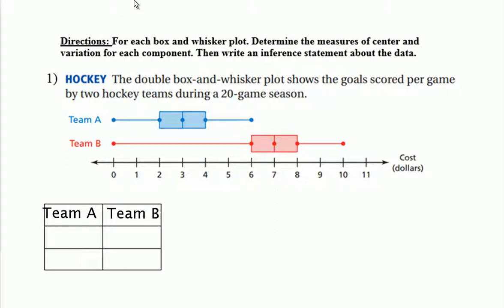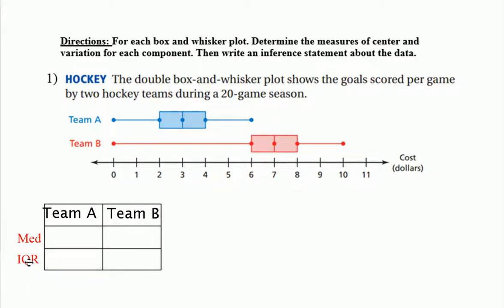And then on the side, I would label median, or you could just do MED for short, and then the IQR would also go here. So these are the two things I'm finding.